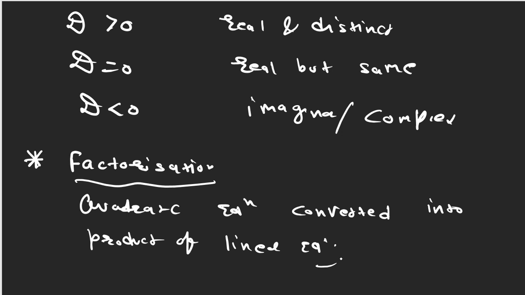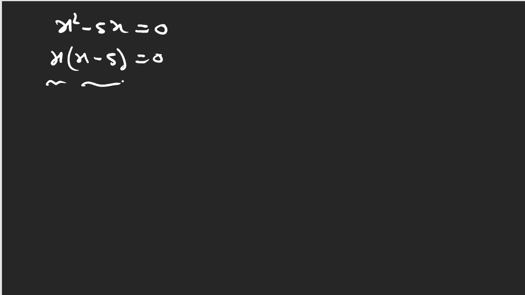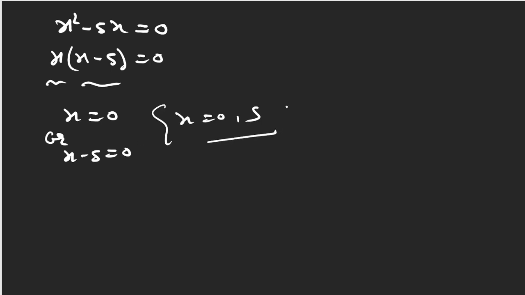For example, let's suppose we have x square minus 5x is equal to 0. Now, if we take x common from this, then we get x times x minus 5 is equal to 0. So here we actually have two linear equations, x and x minus 5. And we can write x is equal to 0 or x minus 5 is equal to 0, or both.